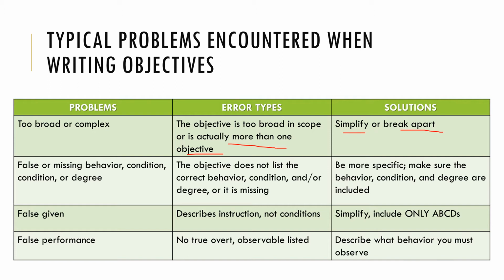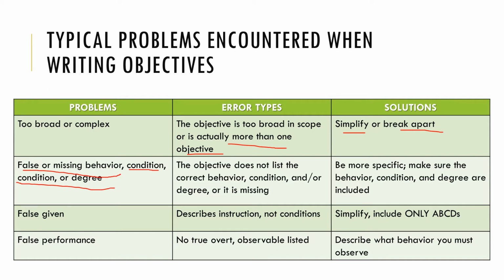Okay? And then of course, solutions, we have to simplify or break apart. If you have here, enumerate the factors affecting, okay? And then the other one, discuss each factor affecting photosynthesis, for example. Okay. Next problem we have is false or missing behavior, condition or degree. Okay.